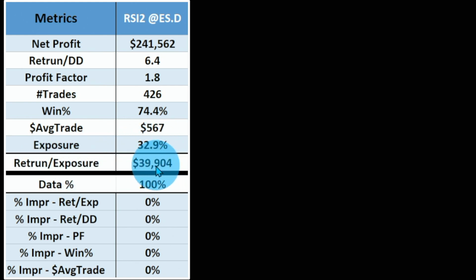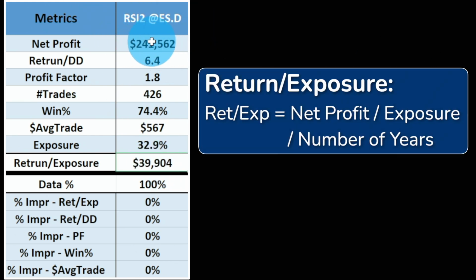This is important because in order to compare different strategies that spend different time in the market, we need to actually normalize the profit so we can compare them. The way to do this is like this. We divide the net profit by the exposure by the historical data.